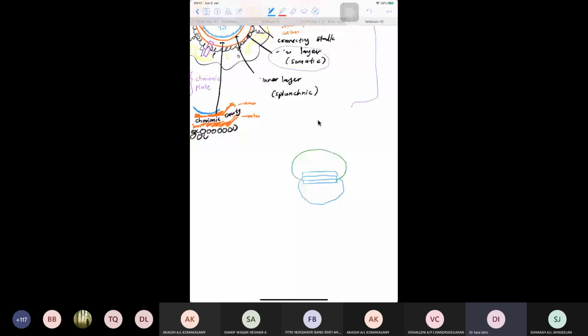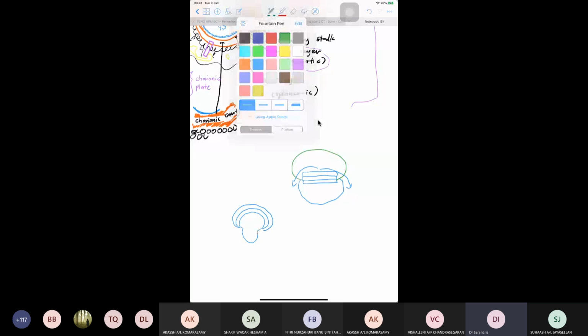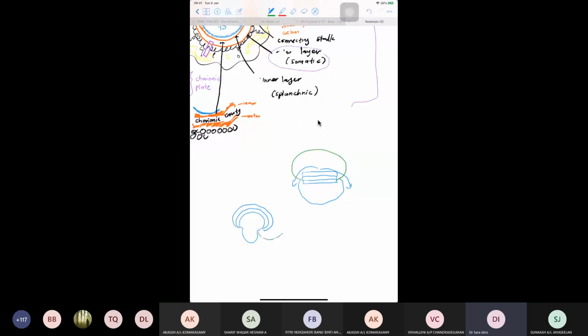And as this folds, it will fold that way. The yolk sac will become smaller and smaller. So as it folds, you have the 3 layers, and then you have the small yolk sac. But what will happen is that the amniotic cavity will become bigger and bigger.